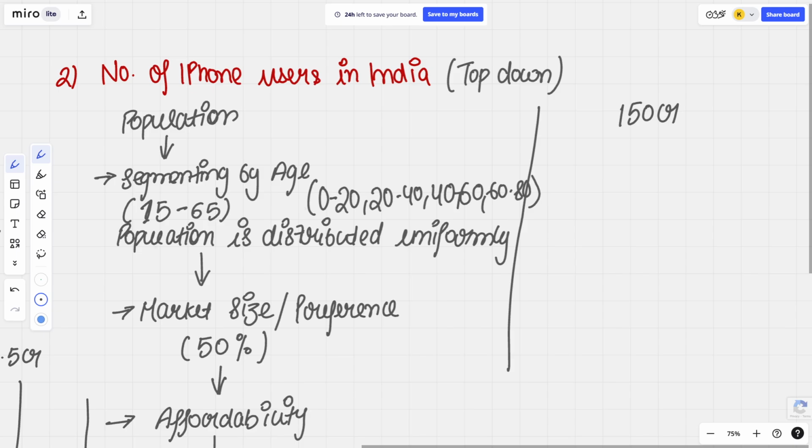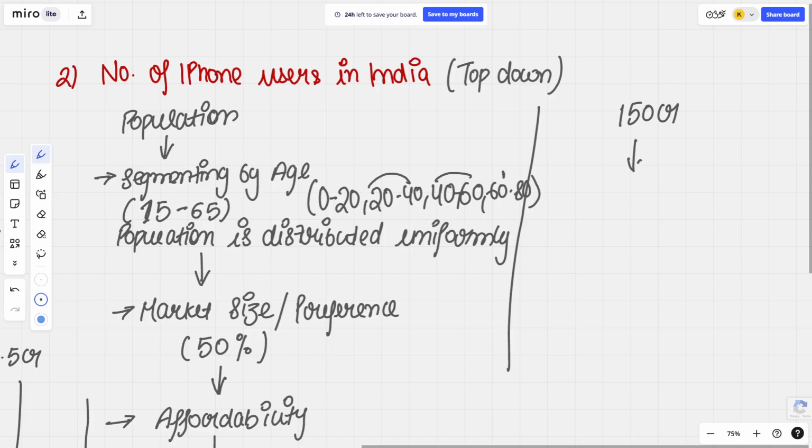So for 15 to 65, if I make an approximation, that will be 20 to 70. And 20 to 70 means including this segment and half of this.